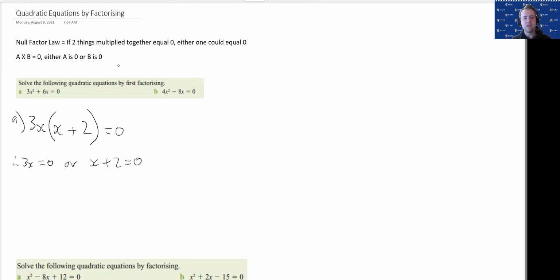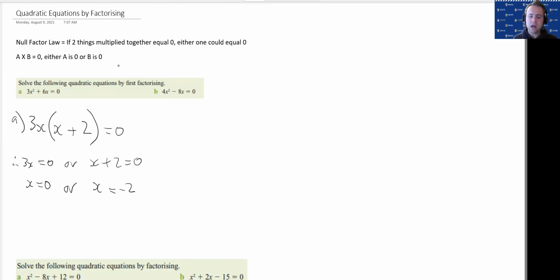Either one of those is a valid solution to the equation, because they're two things multiplying together to equal 0. So if 3x equals 0, then that means x equals 0. Or if x plus 2 equals 0, if I minus 2 from both sides, I get x equals minus 2.